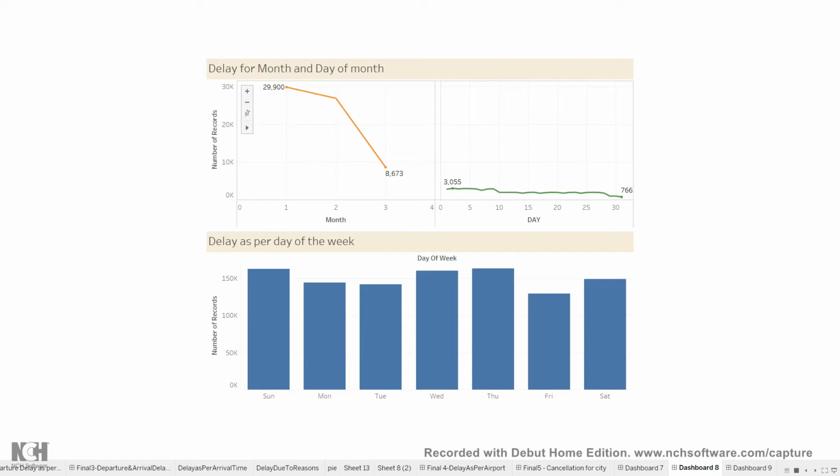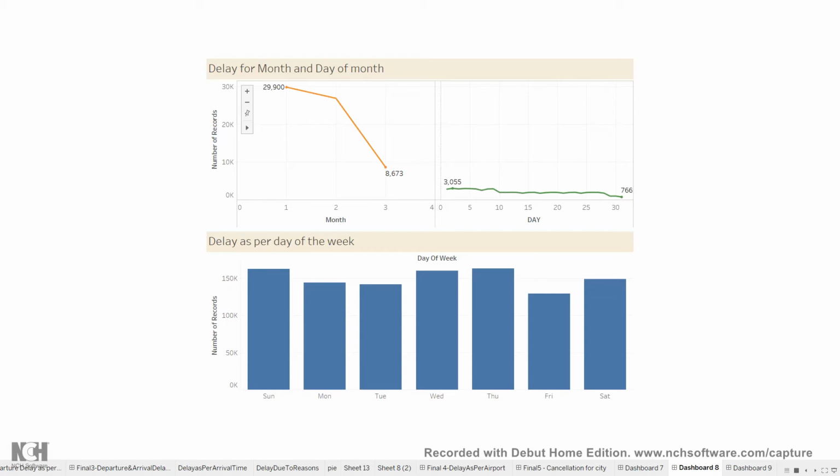This chart below shows the number of delay and cancellation records for each day of the week. The x-axis contains different days of the week from Sunday to Saturday, whereas the y-axis contains the number of records. We can see two peaks at Sunday and Saturday.